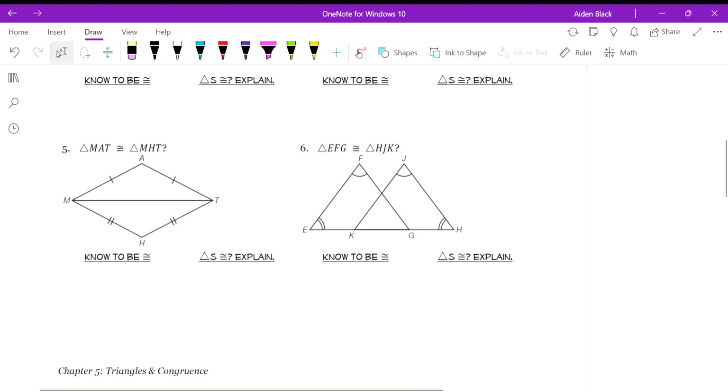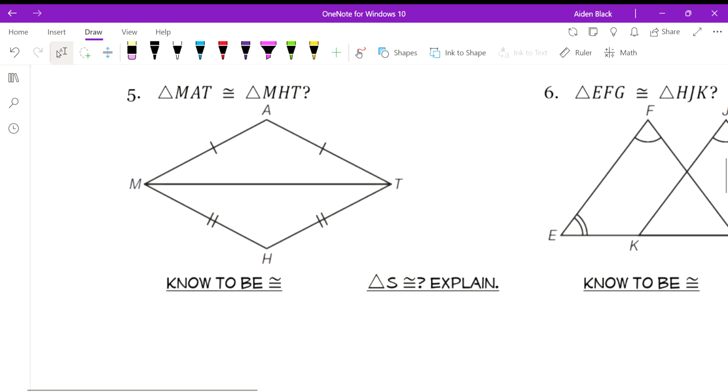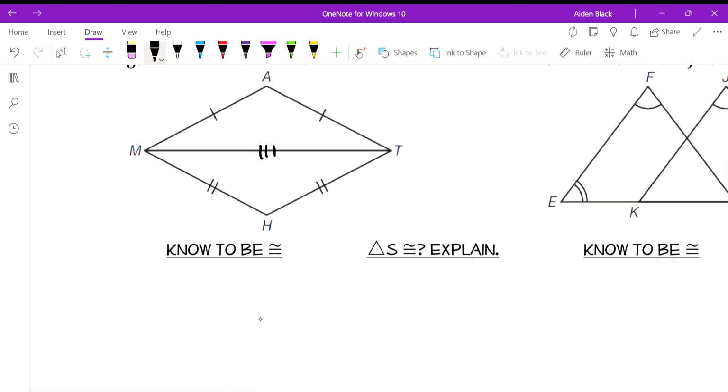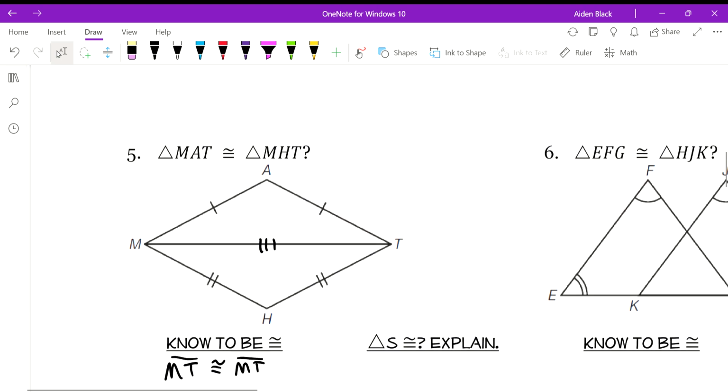I want to cover this one real quick, number 5. You'll notice that MT is congruent to MT. That's helpful. Because MT is the side on both of these triangles.